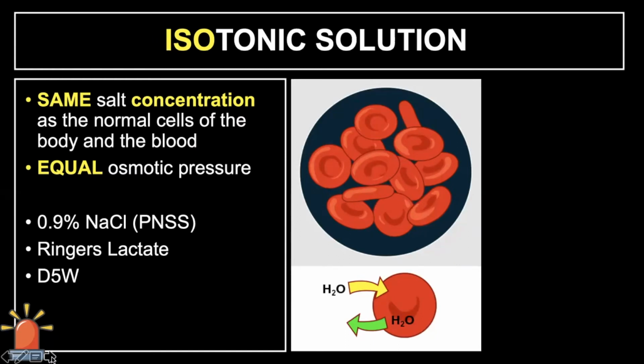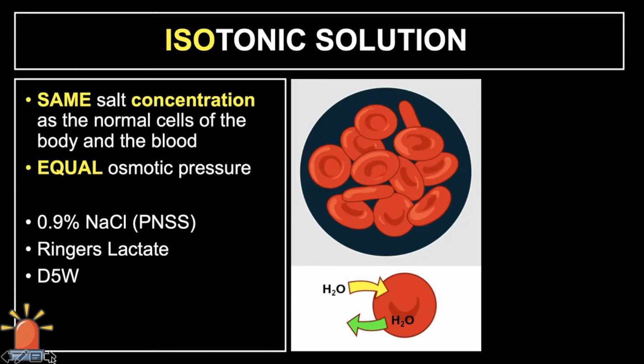And then yung mga RBC natin, it will retain its normal shape. So, for example, biconcave yung shape niya, so it will remain biconcave in an isotonic solution, because the RBC plasma membrane permits the water to move back and forth. For example, kung 100 ang naglabas, 100 din yung papasok.